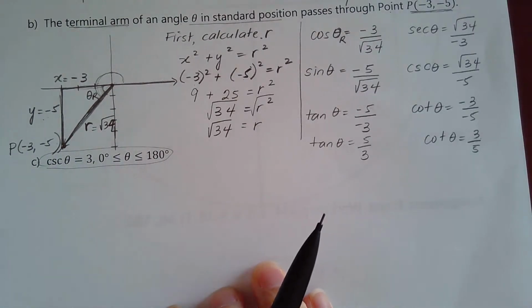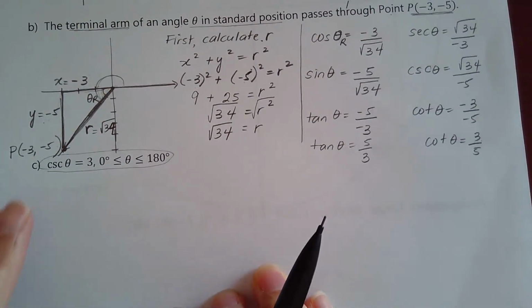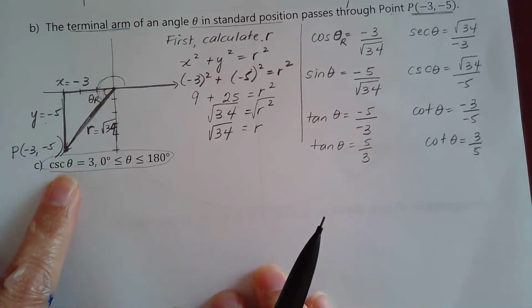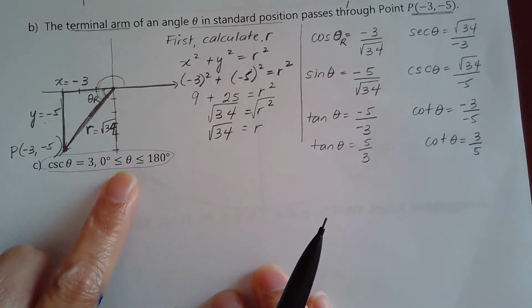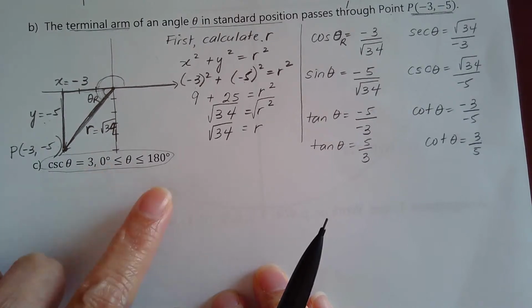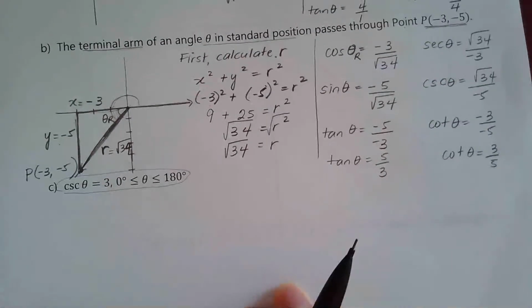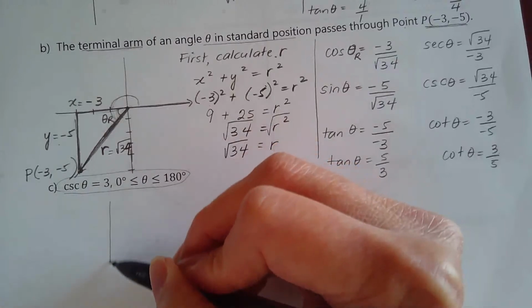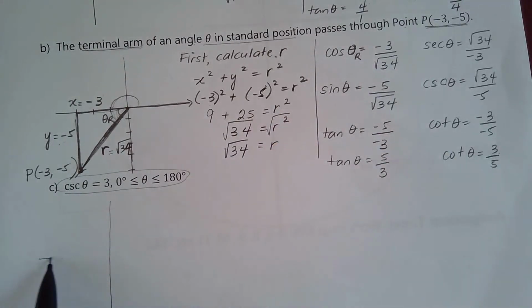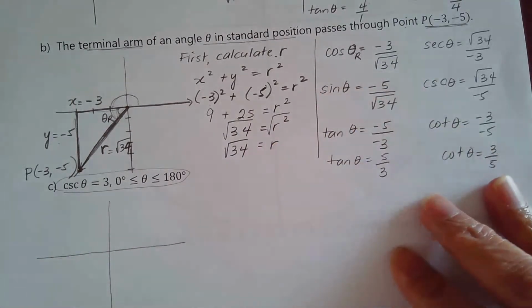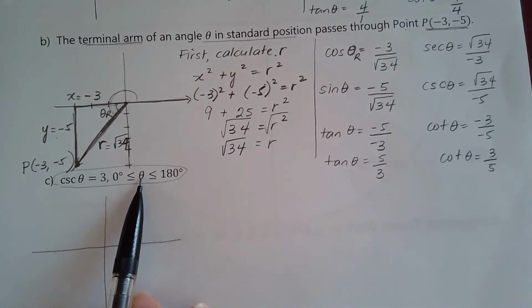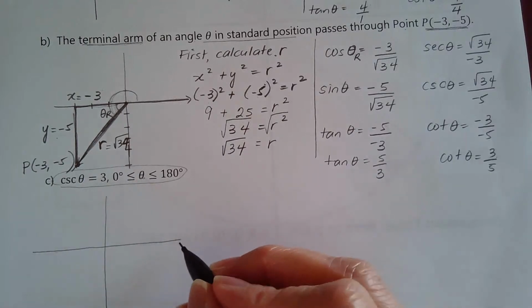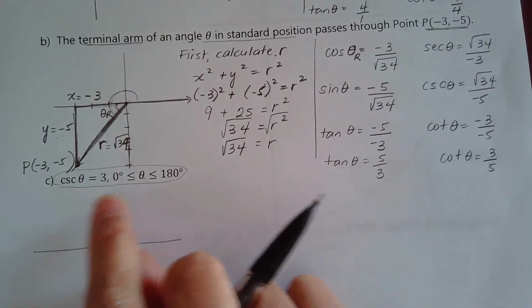It says here, cosecant theta is equal to 3, and the angle is between 0 and 180. Okay, interesting. They're changing the type of question that they're asking here. They said that whatever the theta is, theta has to be between quadrant 1 and quadrant 2.